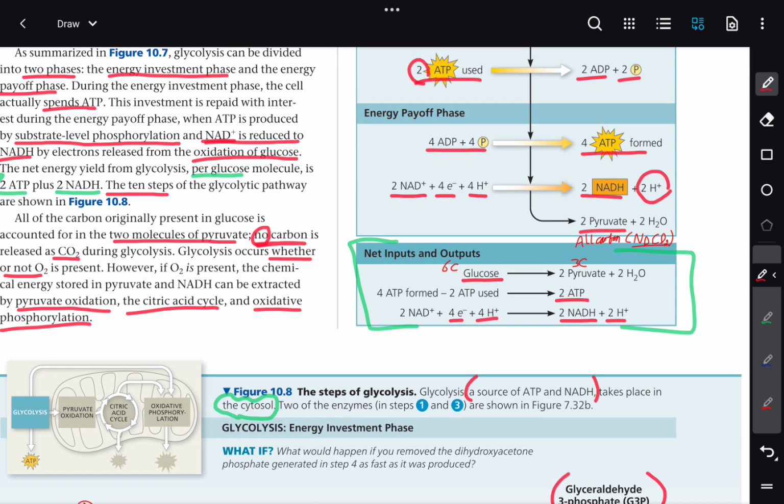Also, glycolysis can happen with O2 or without O2. Without O2, it will just happen normally.